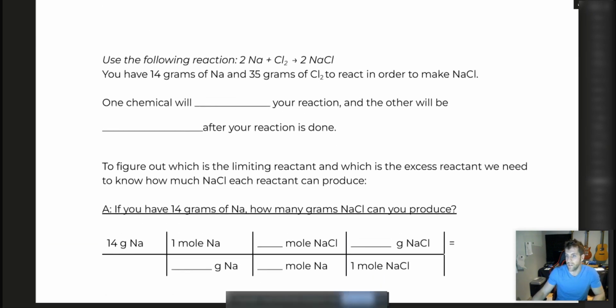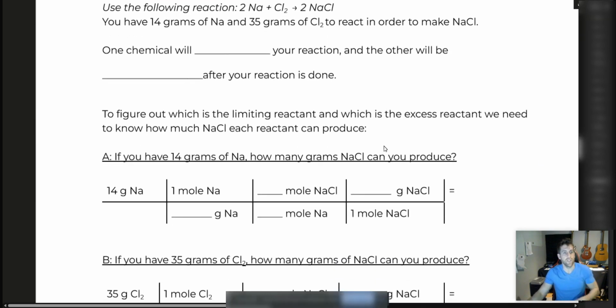All right, let's scroll down here. So we're going to use 2 sodium plus chlorine gas, Cl2, which is going to react and produce 2 sodium chlorides, or salt as we know it, or 2 moles of sodium chloride. And that's all listed right here.